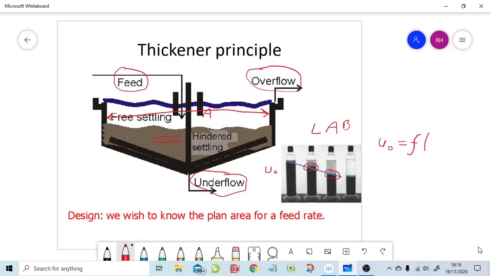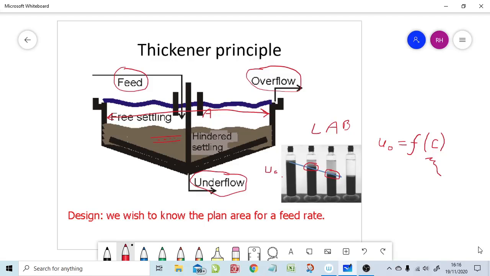Okay, it is not a function of the area of the vessel, it is solely a function of the concentration. Hence we can do these tests in a laboratory batch cylinder, and the results, the settling velocities, are relevant to the much larger area industrial thickener.